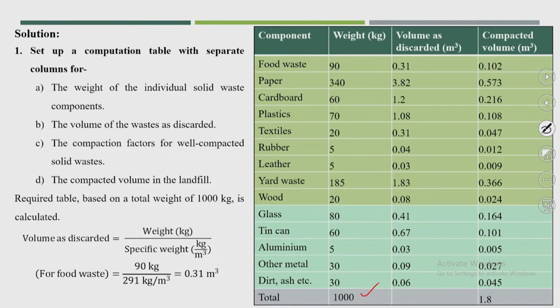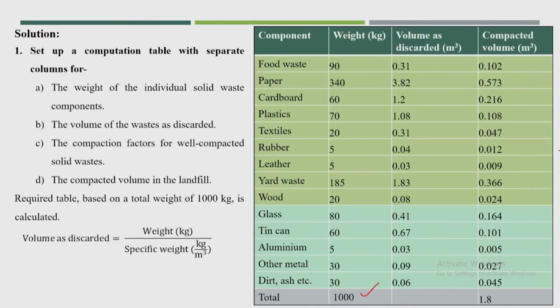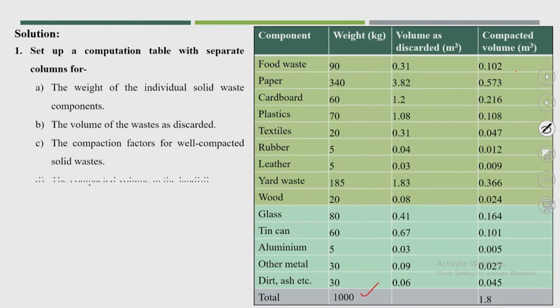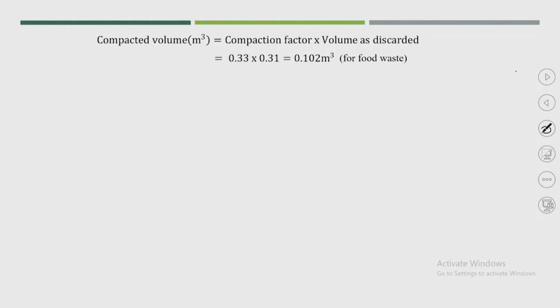Finally, we got the volume of 0.31 meter cube, and then we multiplied the volume as discarded by the compaction factor. The compaction factor was 0.33 for food waste. So 0.31 multiplied by 0.33 gives the compacted volume of 0.102 meter cube.